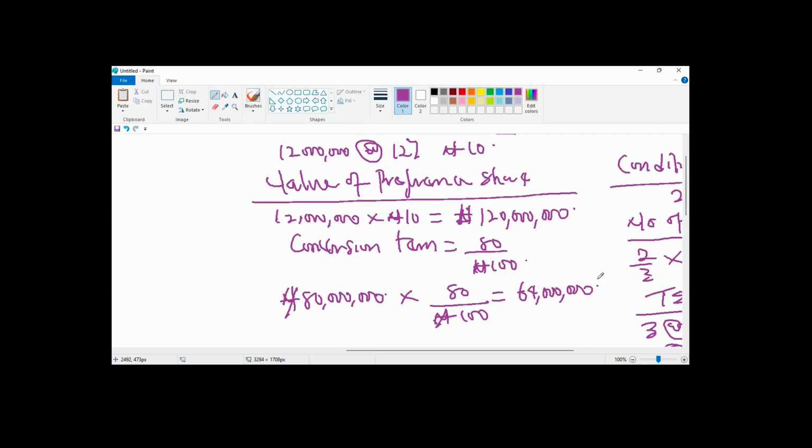The holders of 80 million out of the 120 exercise their conversion rights. They are no longer previous shareholders, they are now ordinary shareholders. So 80 million previous shares has been converted to 64 million ordinary shares based on the conversion ratio of 80 over 100.